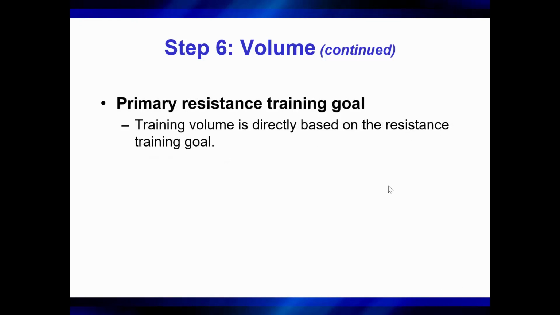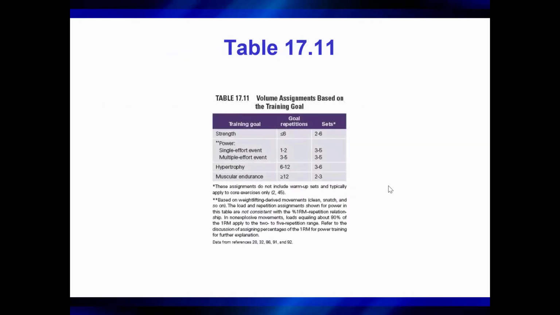Now, the volume is based off of the primary resistance training goal. If I'm looking at hypertrophy, I'm going to be having higher volumes. If I'm looking at power, I'm going to have lower volumes. So we can see here the goal, repetitions, and the number of sets. If I'm looking at strength, I'm going to be looking at less than or equal to 6 reps, 2 to 6 sets there.